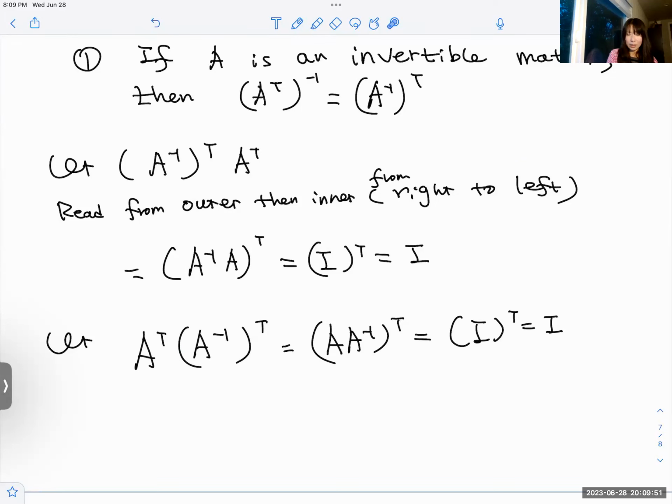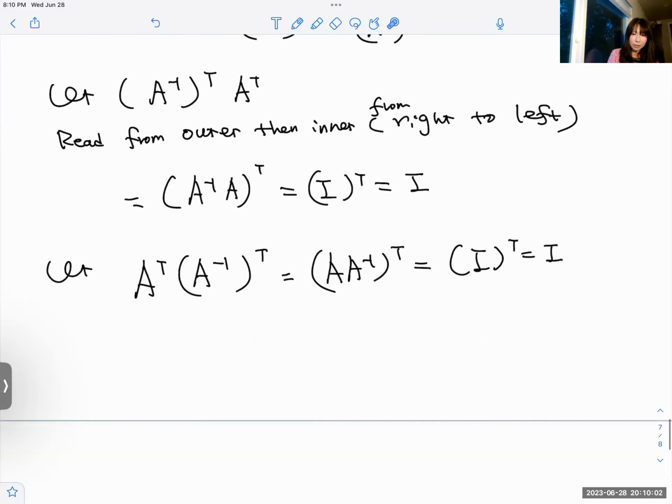Then we can say that we read outer, the inverse of the transpose of A equals the outer transpose of the inverse. They are equal to each other.